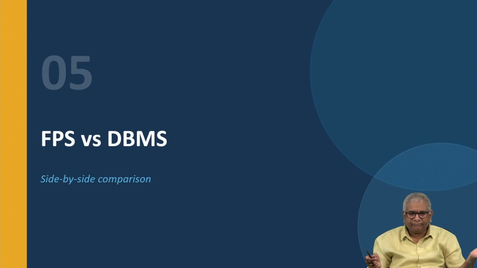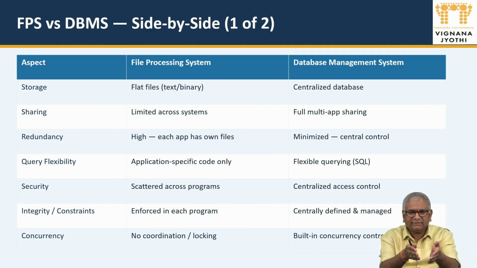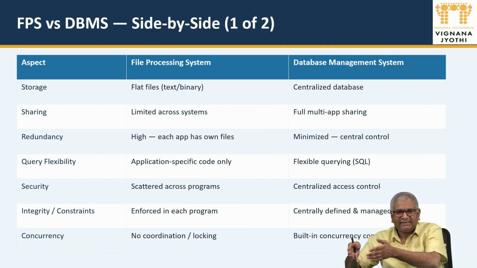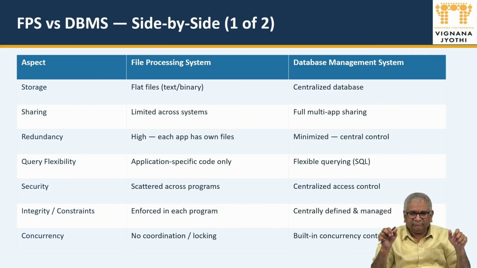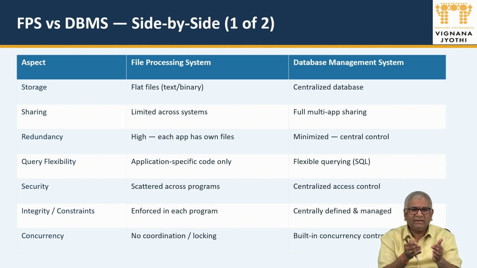So comparison between FPS and DBMS, which we discussed a lot. Storage: when it comes to file processing, flat files; when it comes to DBMS, centralized database. Sharing: limited across systems, so each system has its own set of data, whereas full multi-app sharing is there in DBMS, because it is centralized.